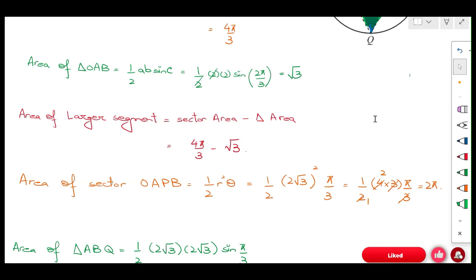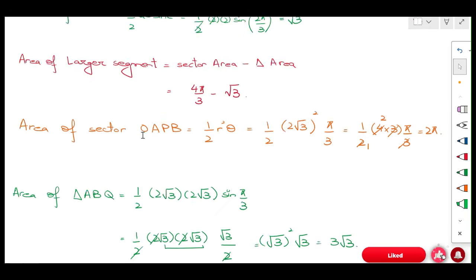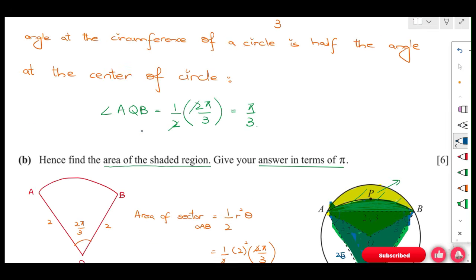Larger segment area is 4 pi by 3 minus square root of 3, and subtract from this the smaller segment, 2 pi minus 3 root 3. Okay, the question is find in terms of pi.